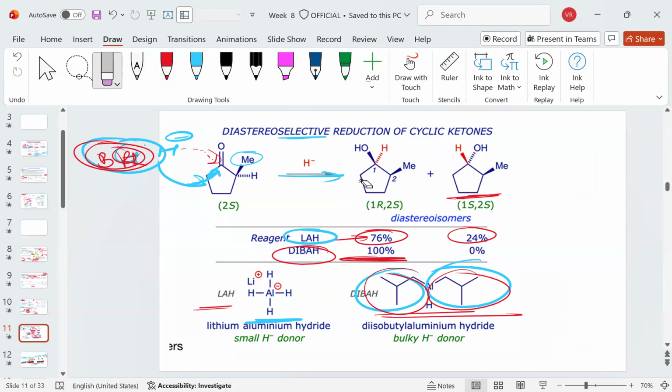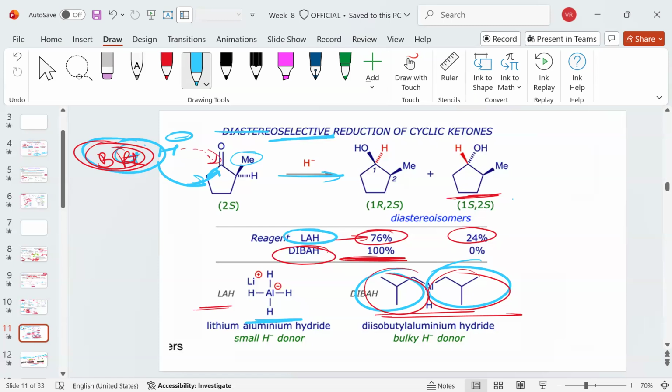So this is an example of a stereoselective reaction. In a stereoselective reaction, we can increase the selectivity. So ignore this diastereo word for this instant. In these stereoselective reactions, we are basically getting selectivity in the product.